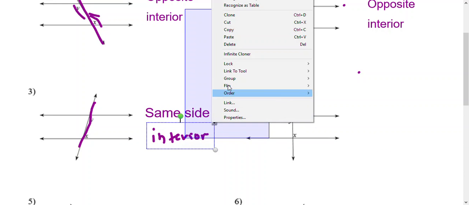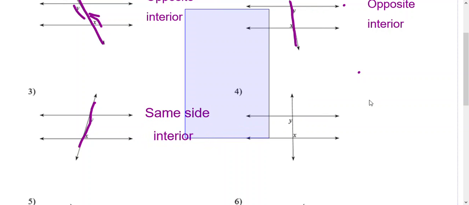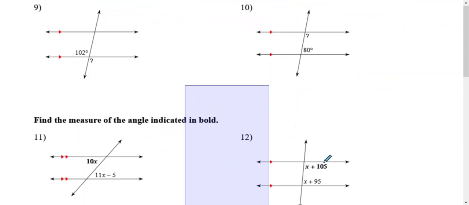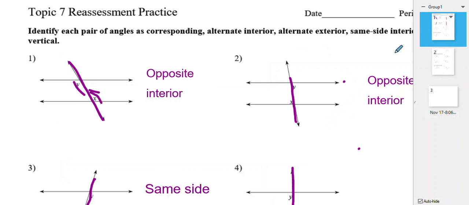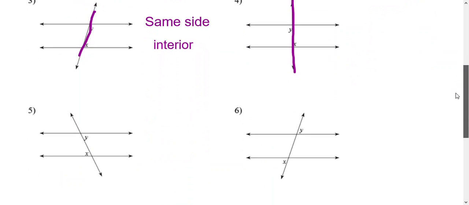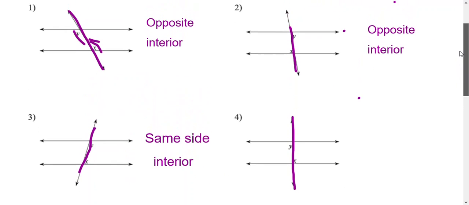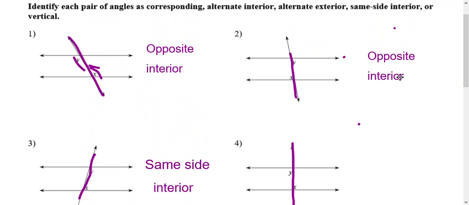Okay, let's look at the next set. We have angles that are on opposite sides of the transversal, and interior again because they're inside of the two other lines.